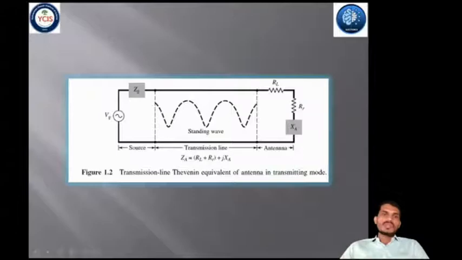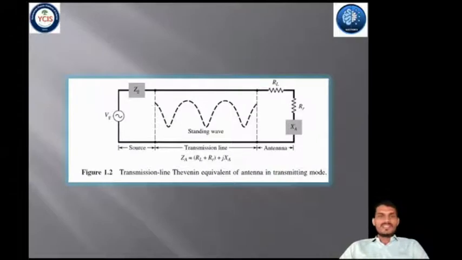Only the source is replaced by a receiver. All other parts of the transmission line remain the same. The radiation resistance RR is used to represent the receiving mode and the transfer of energy from the free space wave to the antenna.